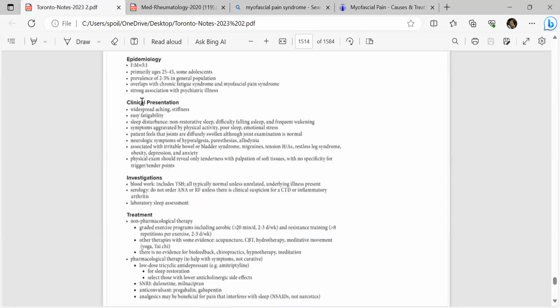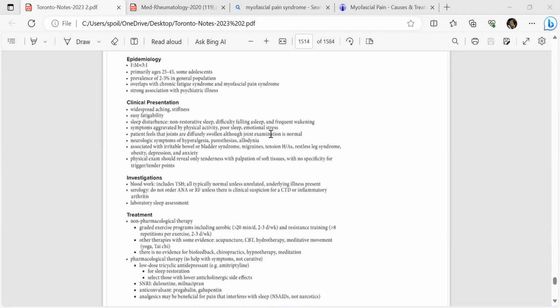Fibromyalgia has a strong association with psychiatric illness. There is widespread aching and stiffness, easy fatigability, sleep disturbance, and symptoms aggravated by physical activity, poor sleep, and emotional stress. In fibromyalgia, if you're having poor sleep or stress, the pain will be aggravated, because it's strongly associated with psychiatric illness.